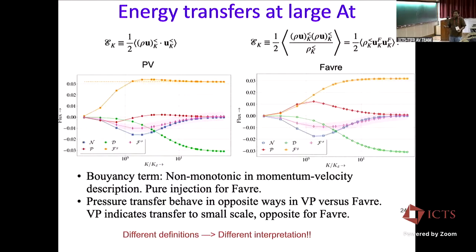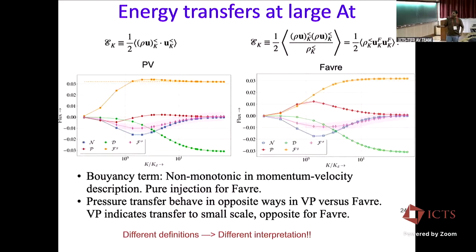That sounds funny. Furthermore, we found something even crazier: if you look at the pressure term, remember this is a variable density flow, so pressure can also transfer energy. The pressure term was changing sign, which means that within the momentum velocity picture, the pressure is injecting energy at some scales or transferring energy upscale at some scales and downscale at other scales.